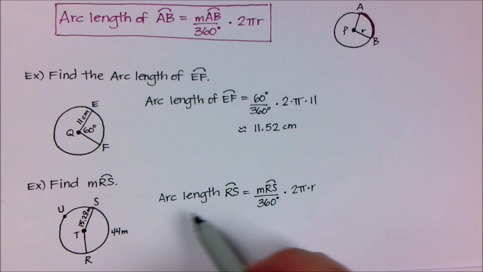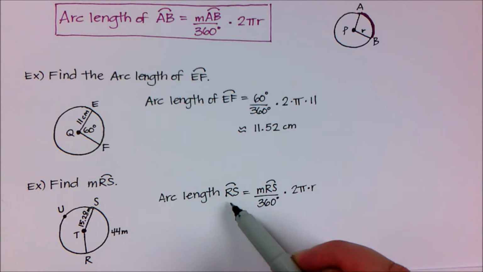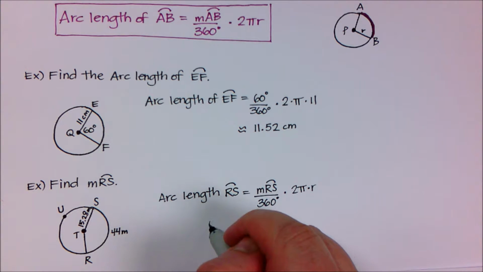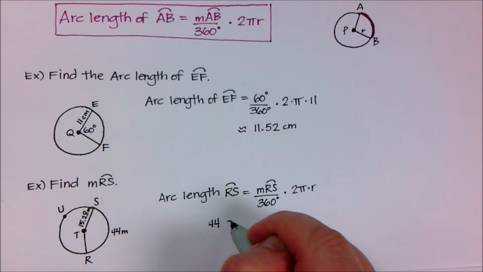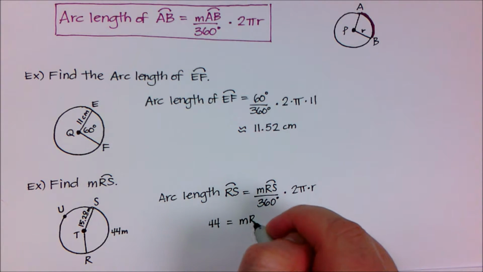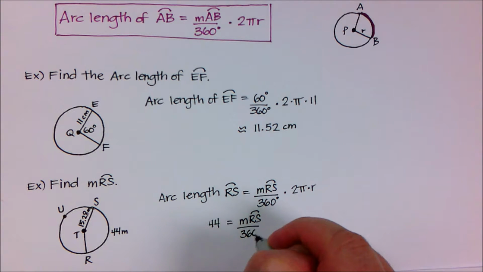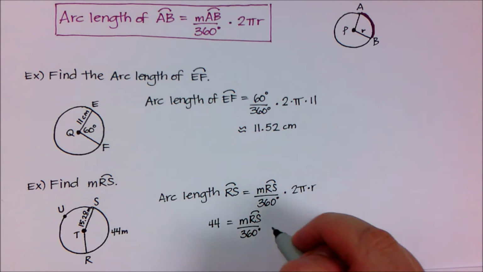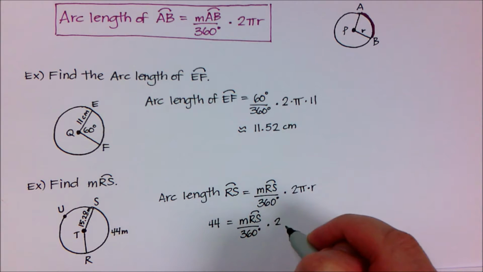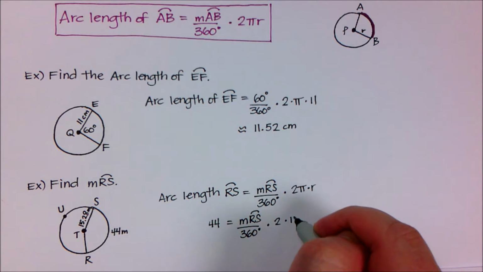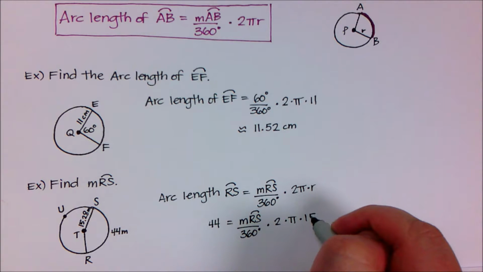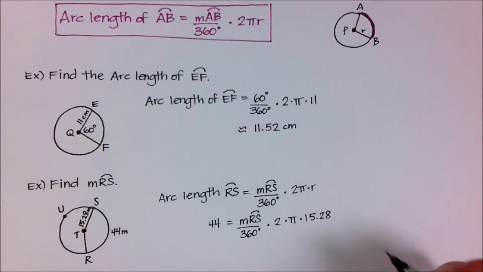In this case, I know the true measurement of the arc length, which is 44. I don't know the measurement in degrees, so that's going to stay as it is. I'm going to multiply that by 2 times pi, and the radius is 15.28.